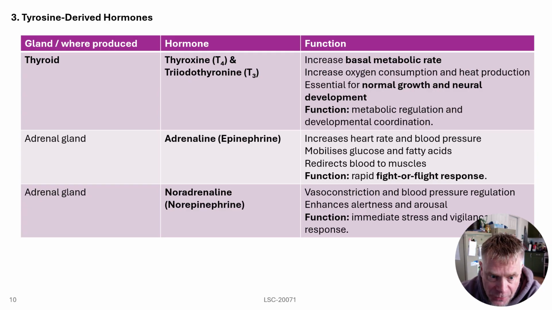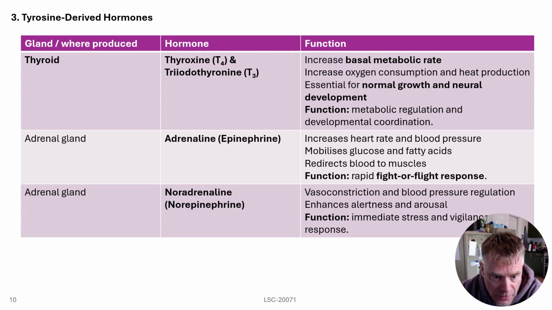And we've got the thyroid gland, and that's producing thyroxine and triiodothyronine, and these hormones function in increasing basal metabolic rate, increased oxygen consumption and heat production, and they're essential for normal growth and nerve development. They've got functions in metabolic regulation and developmental coordination.